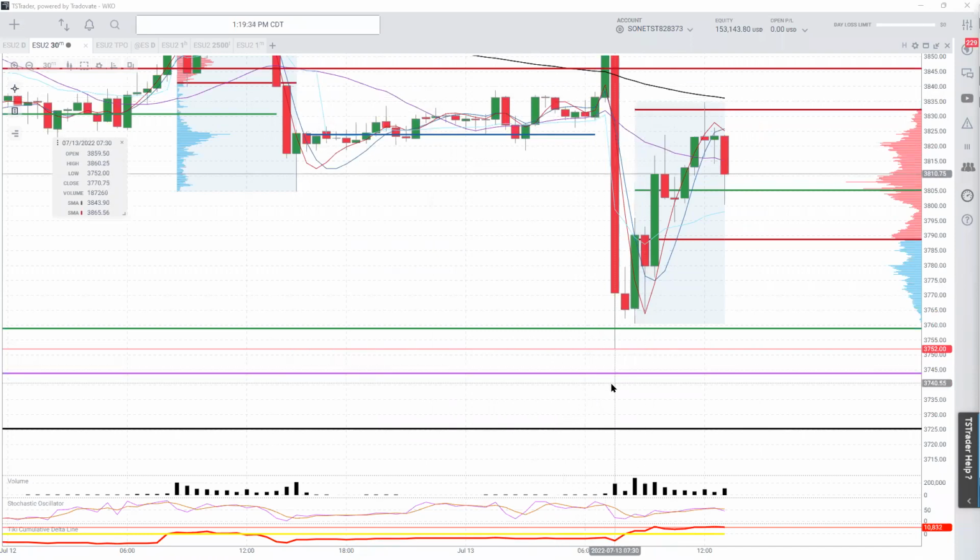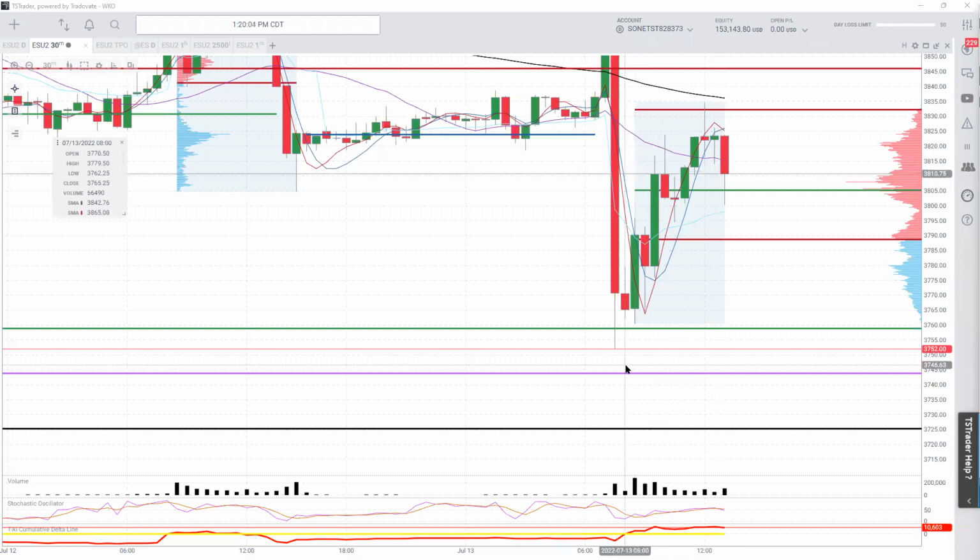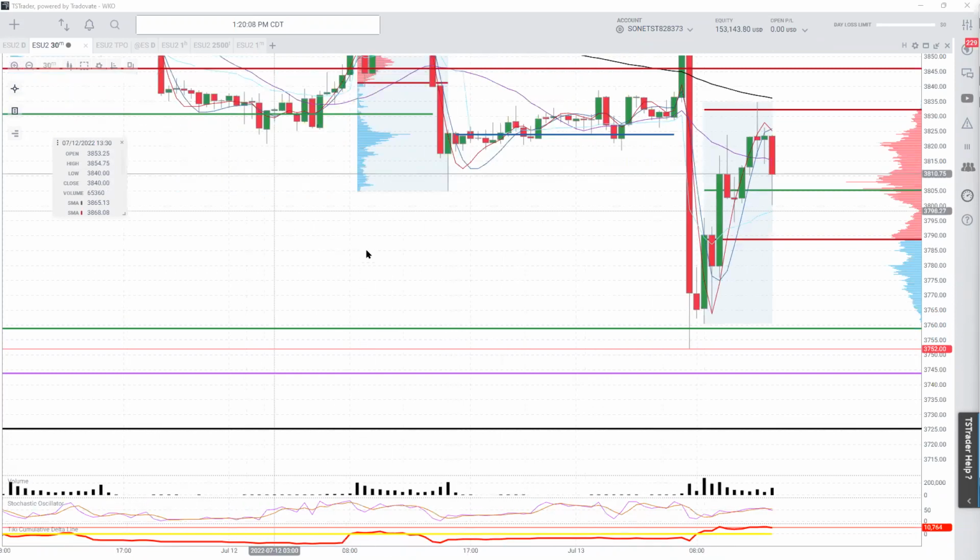Couldn't take us all the way to the low of last week's range, and showed signs of rejection. 8 o'clock bar, inside bar, 8:30 bar. Doesn't even get to this naked point of control. B period comes down, offers me a relatively cheap opportunity for the opportunity that I believe is in front of me with a move back to close the gap. The only reason I took that is because we are cheap in history.